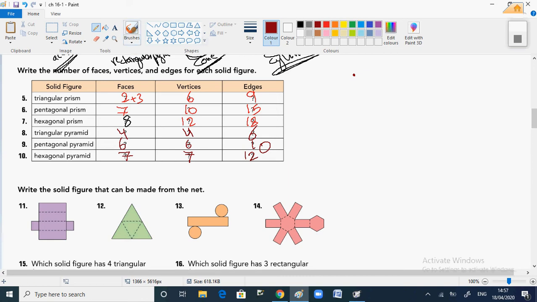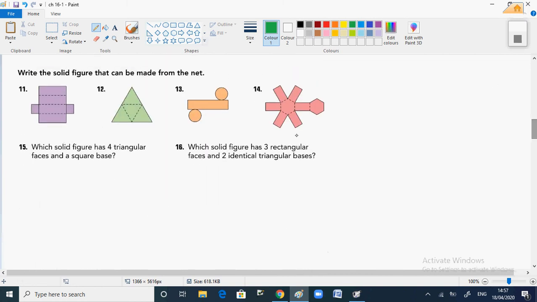Now let's go to solve some problems, and let me write the names here for each net. Write the solid figure that can be made from the net. Look here, I have six faces, all rectangular, that means rectangular prism.